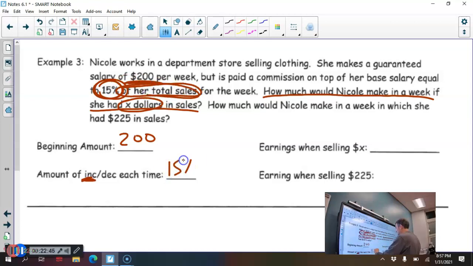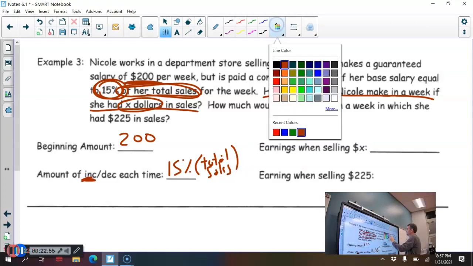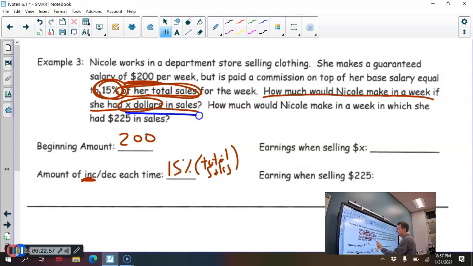So 15% of total sales. Now, this is why I wanted you to see this one. I want you to see that X is her dollars in sales. So this is really 15% of X. That's how much she increases by each time.